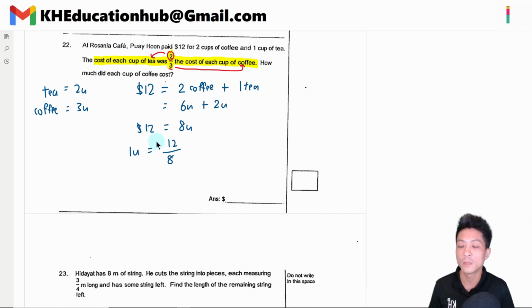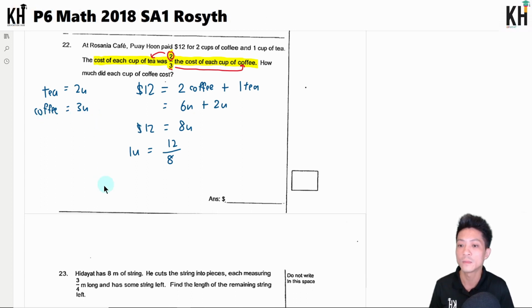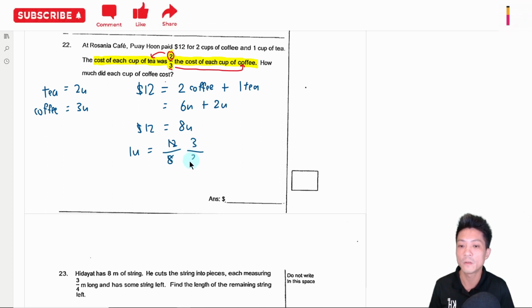And how much did each cup of coffee cost? So coffee costs 3 units, right? I'm gonna change this to simplest form first. Divided by 4, divided by 4, gives me 3/2, which is actually equal to 1.50.